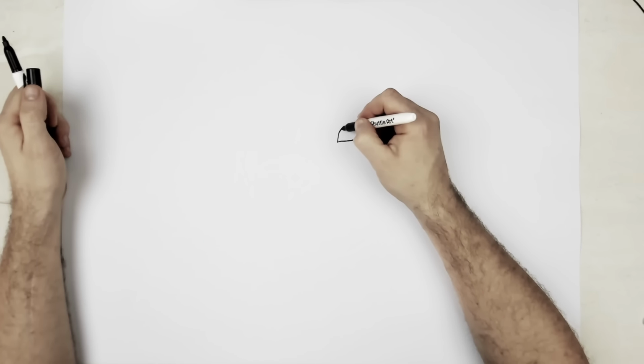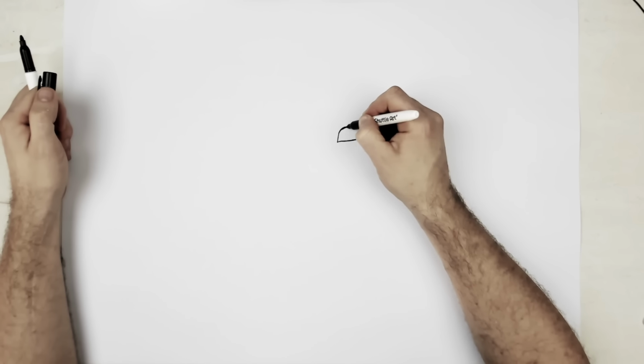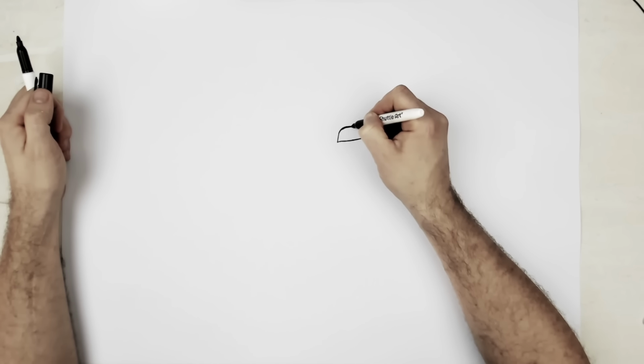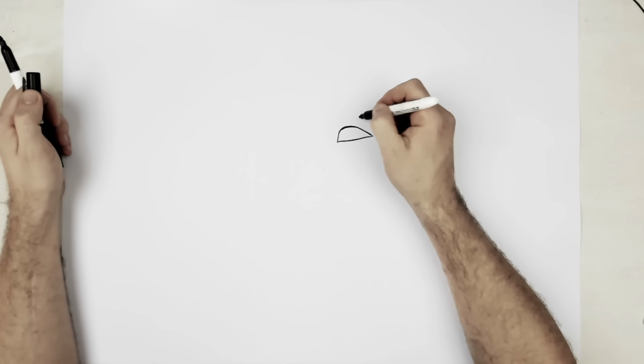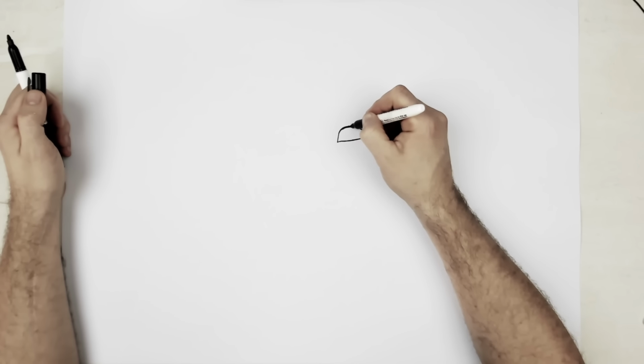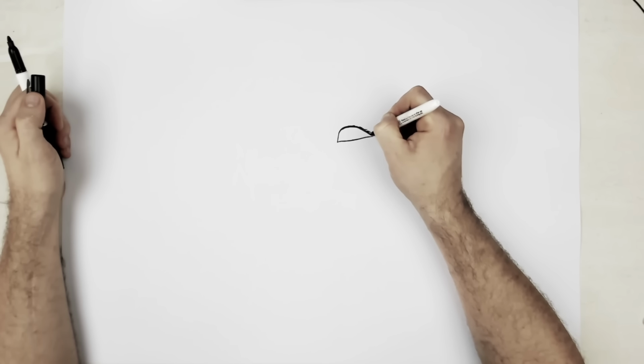And then his sort of eyelashes on the top. So you kind of want to thicken up this line. And he does have like eyelashes sticking up here, right down to the back.